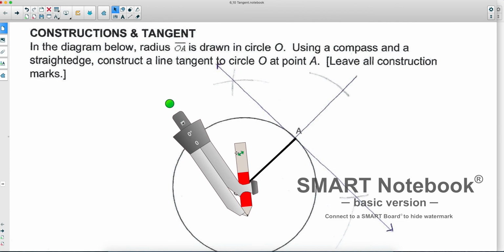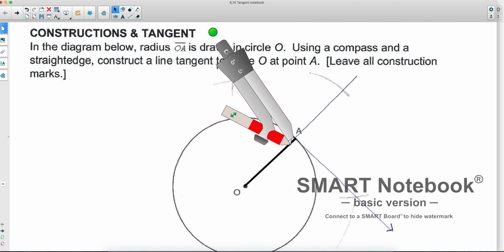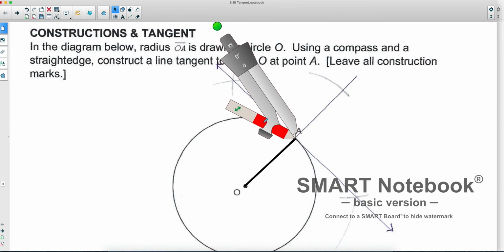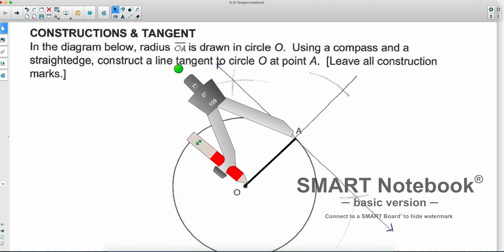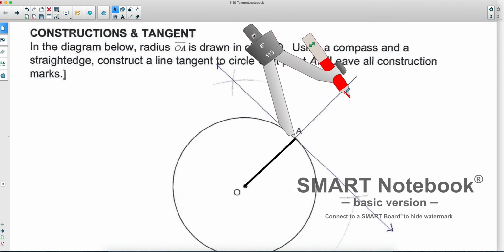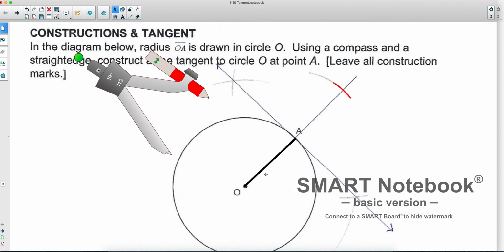First we create a longer line. From O to A, I want the perpendicular bisector, so A has to be in the middle. I flip this around, and this gives me a segment from O all the way to this point, with A in the middle.